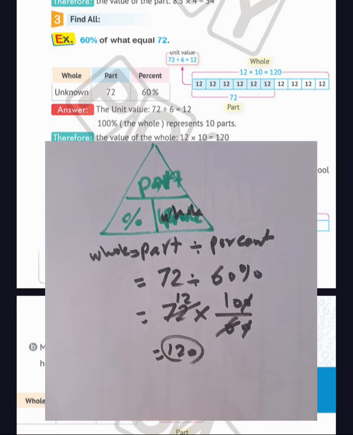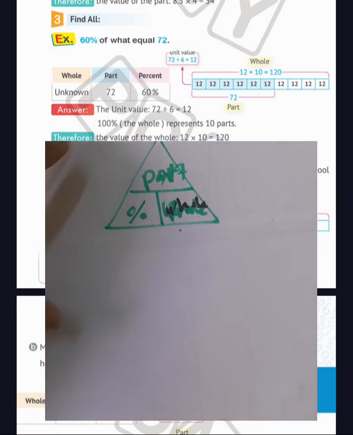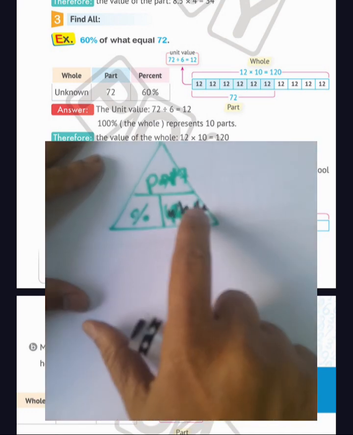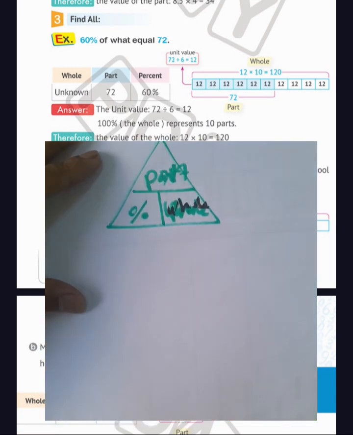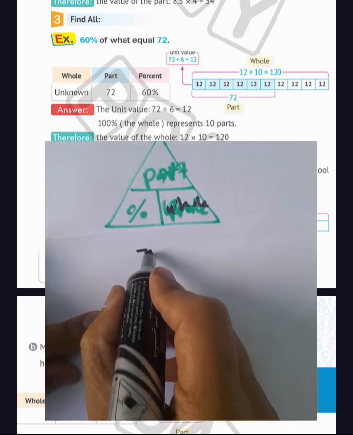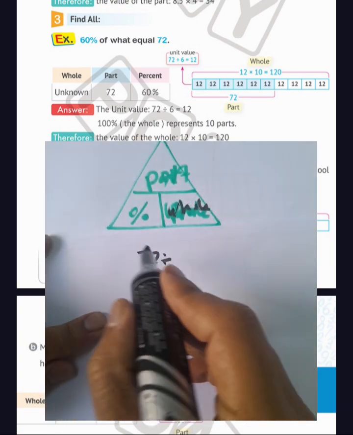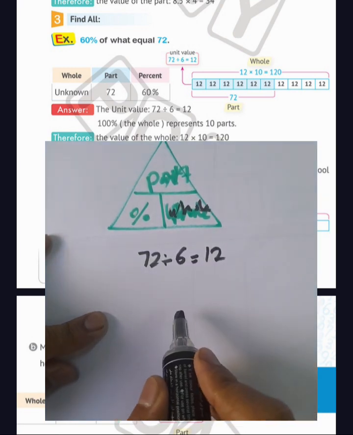But he wants us to find the result by using another method, the diagram. Okay, to solve by this method, first step, you must ask yourself how we find the whole number. To find the whole number, divide the part by the percent. The part here is 72. First step, write 72 divided by, and in the percent we have 60%. Then you must divide it by 6, and the result will be 12.